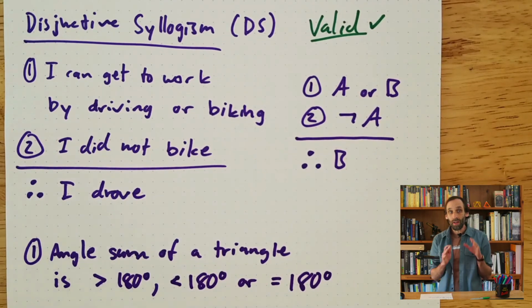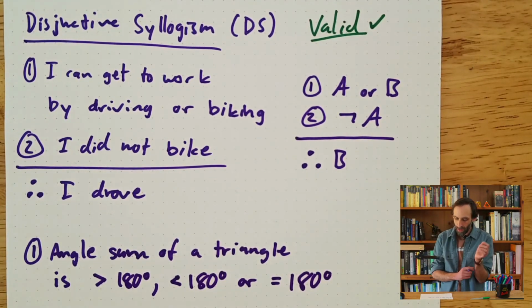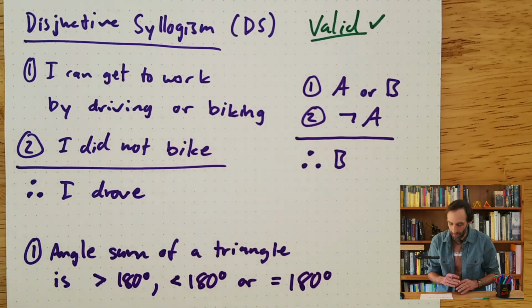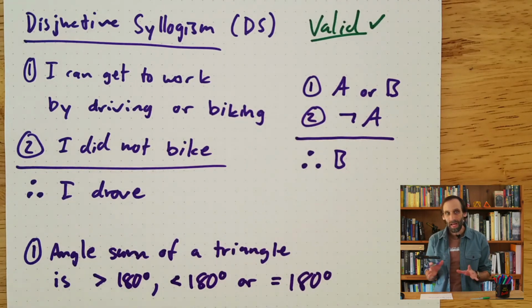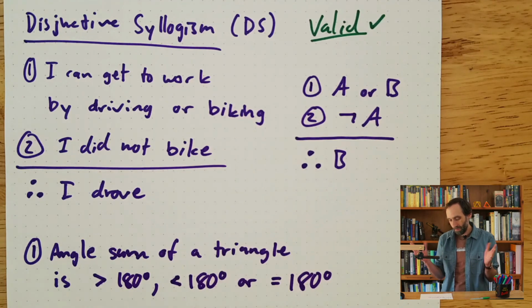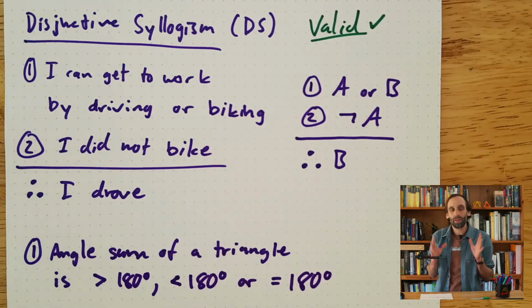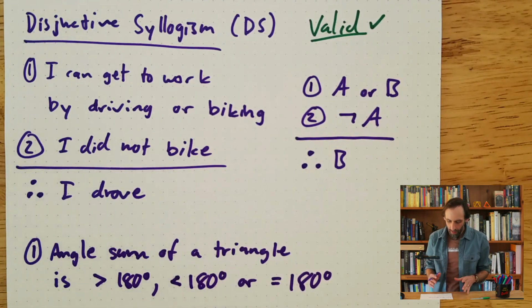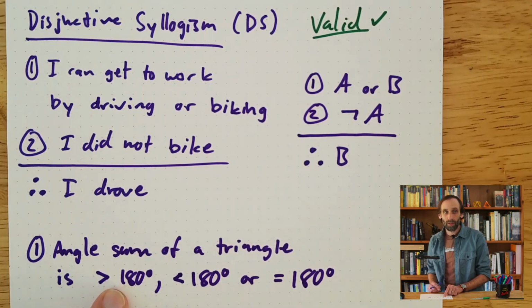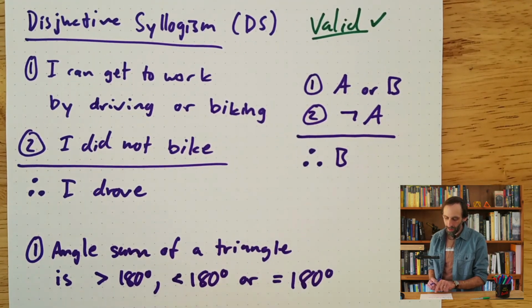So if we have a number and we said the angle sum of a triangle is equal to this number, that number logically, and you may say, well, I know what it is already, but we're not worrying about that right now. We're just thinking about it logically. That number could be greater than 180 degrees, it could be less than 180 degrees, or it could be equal to 180 degrees.